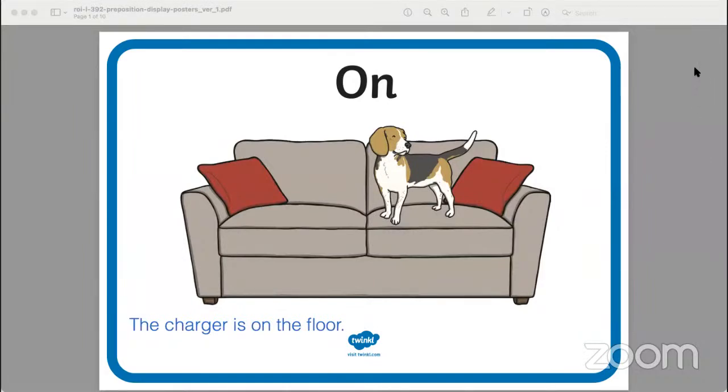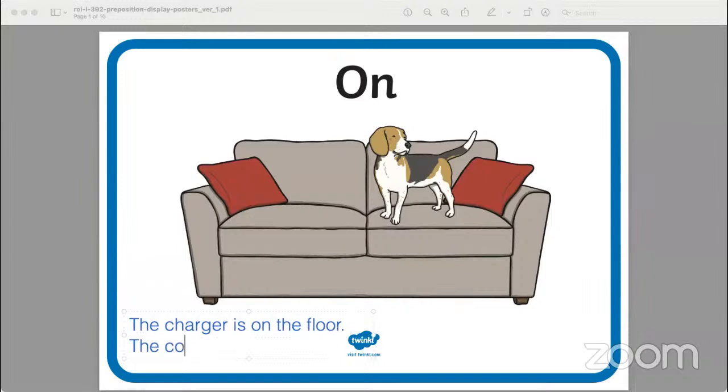Okay, can I have Anika? The man sitting on the roof. What did you write? The computer is on the table.